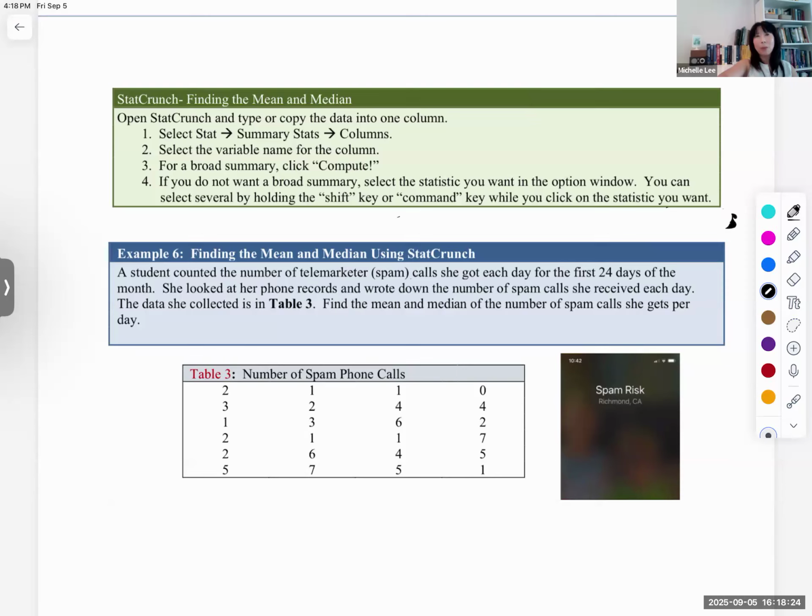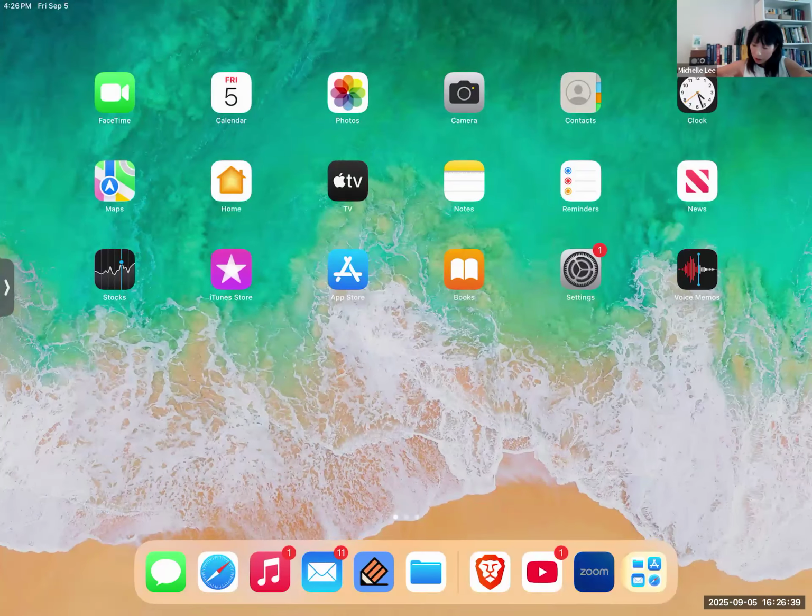Let me see if I can copy and paste. Okay, so let me show you the StatCrunch, mean and median, all right?